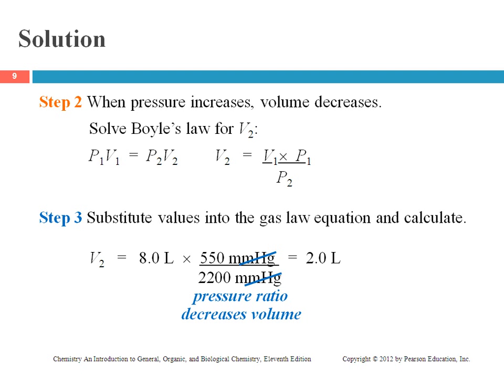We just divide through by P2 on both sides. Now we can substitute the values in. V1 was 8, P1 was 550, and we divide by 2200 because that's our P2. We get 2 liters, which is what we expect. We would expect the volume to decrease.